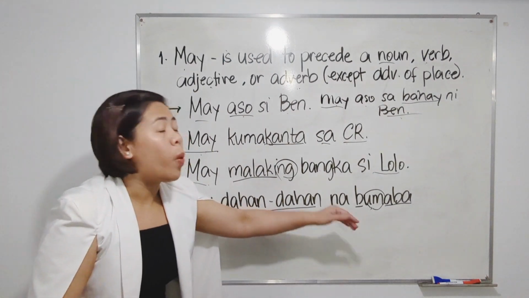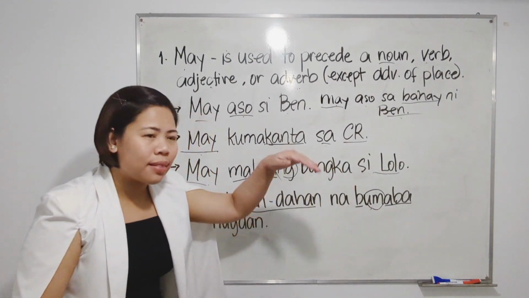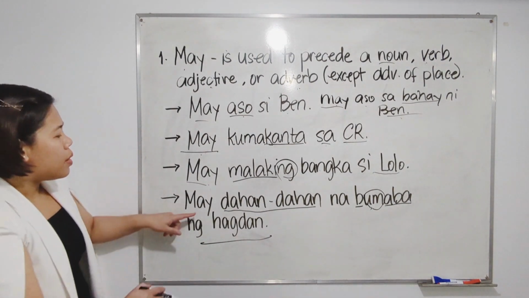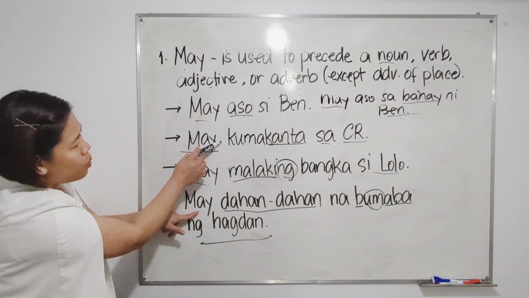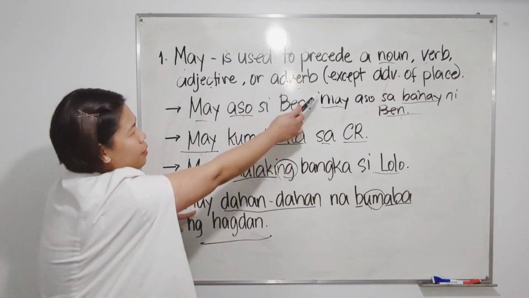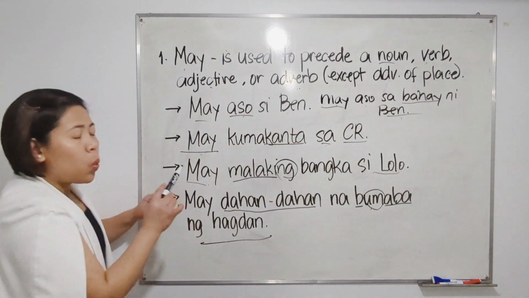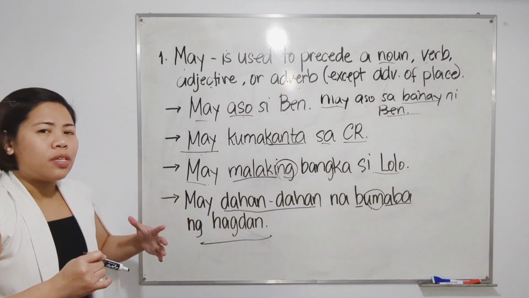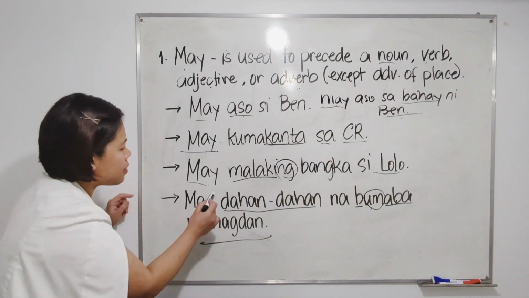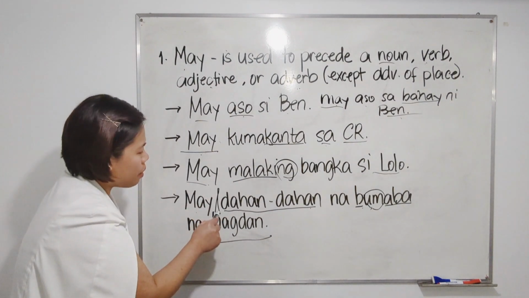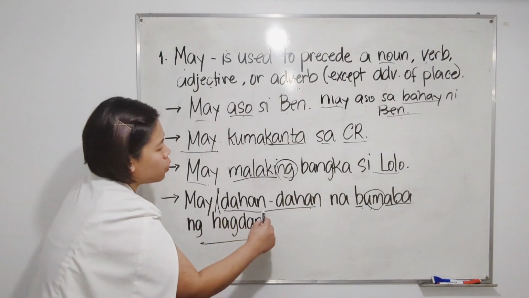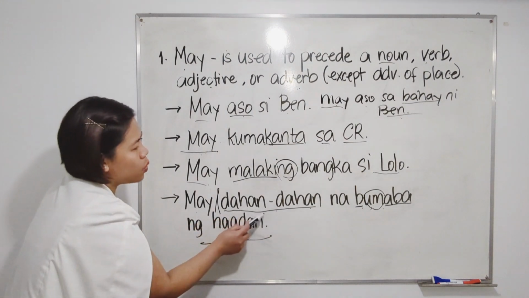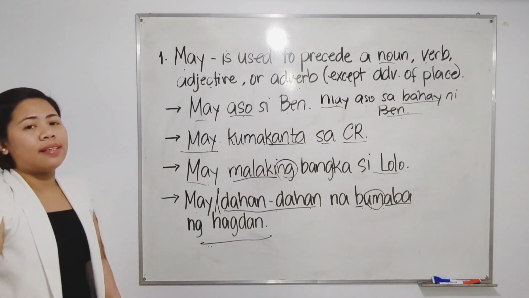Going down or went down, because it's in the past tense. Went down the stairs. Hagdan is stairs. So, may again, it's like this one. It is an adverb, so we use may, and then we don't have the translation of someone. It is just giving us a clue that there should be a someone here. There is someone who slowly went down the stairs.